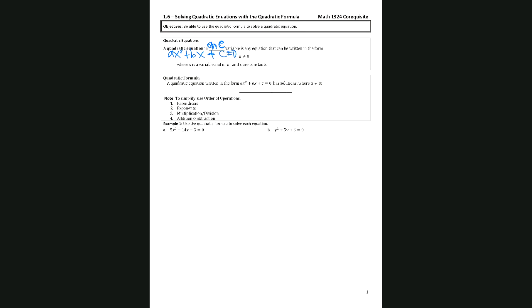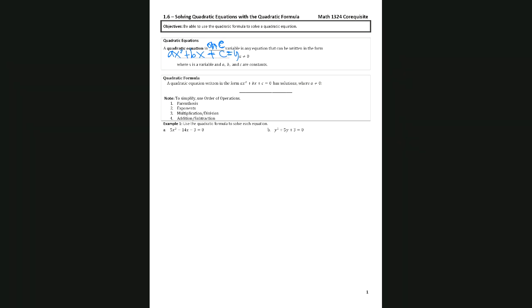Actually, we will set it equal to 0 when we're trying to find the solutions, but right here we could just say that it equals the dependent variable, which we could call y, or we could also give it a function name and just use f of x.